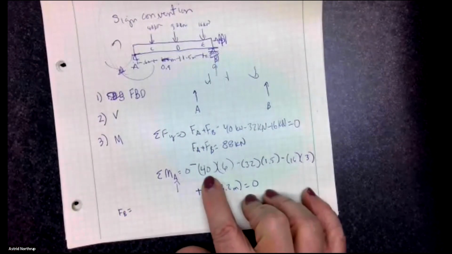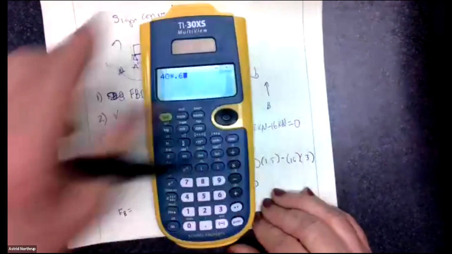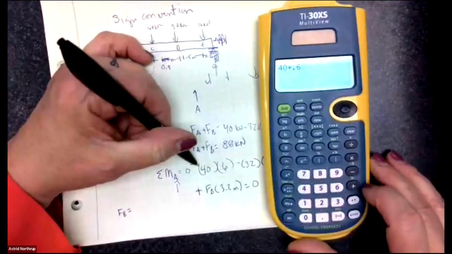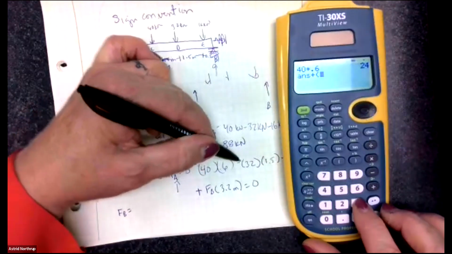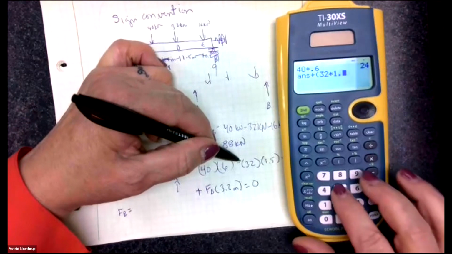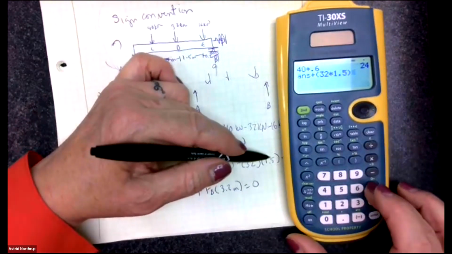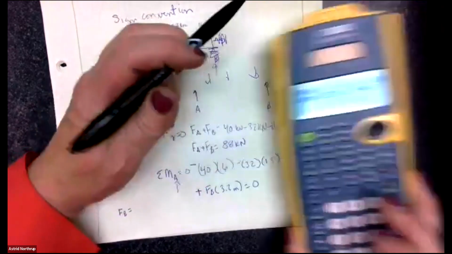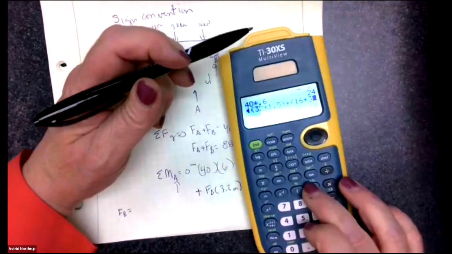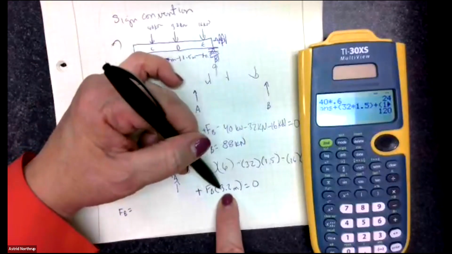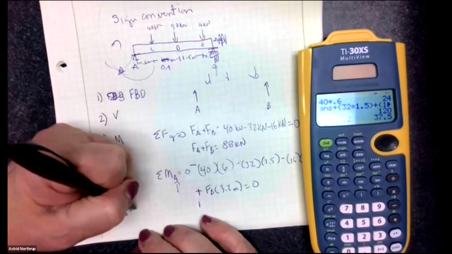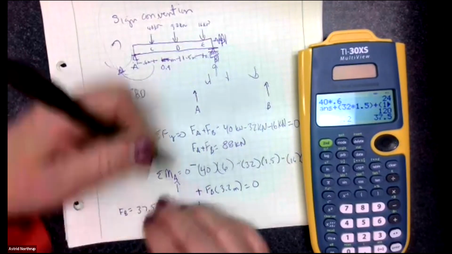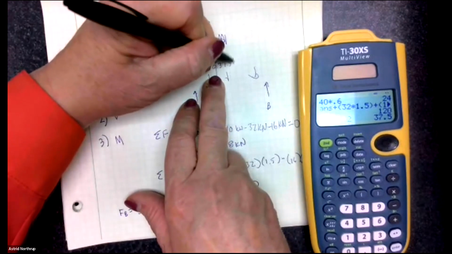So I get 40 times 0.6 plus 32 times 1.5 plus 16 times 3 equals 120. 120 divided by 3.2 is 37.5 kilonewtons. So we know that this is 37.5 kilonewtons.